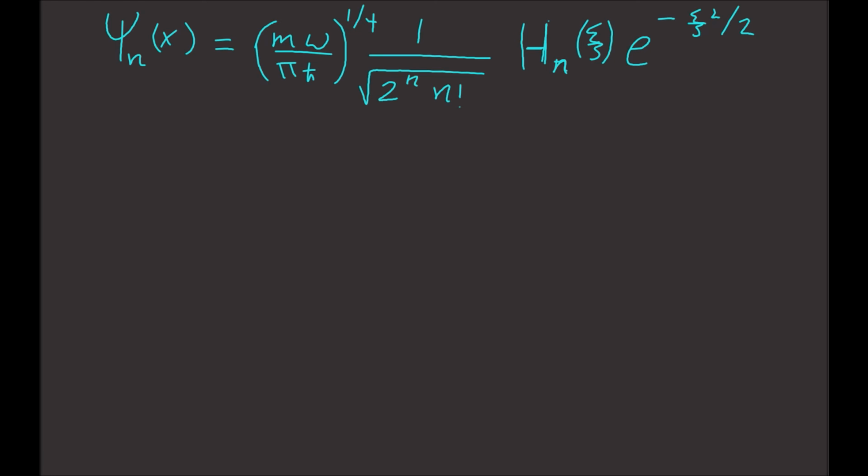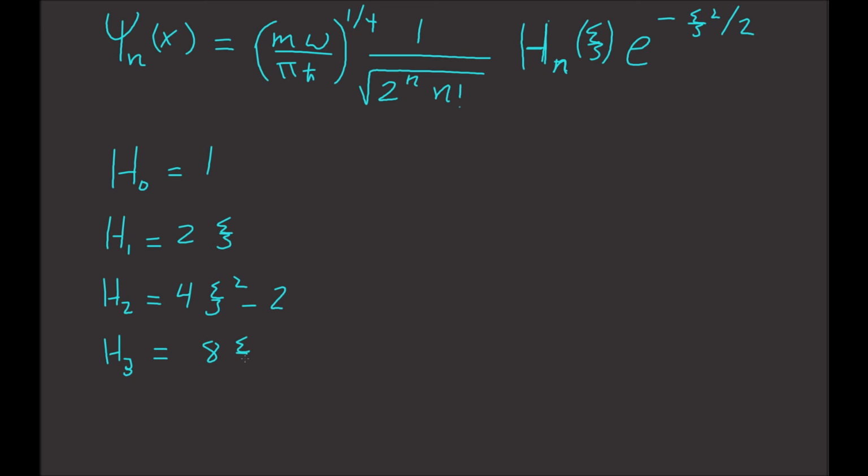So now let's review what these polynomials are. We have h naught, the first polynomial, which is just 1, h1 is equal to 2ξ, h2 is equal to 4ξ squared minus 2, h3 is equal to 8ξ to the third minus 12ξ.